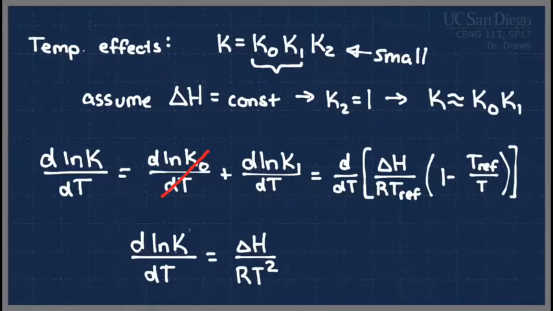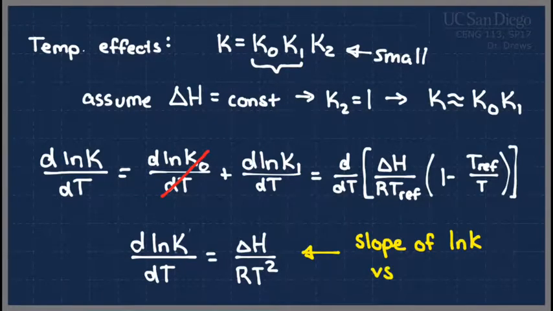What we're interested in is what's the effect of temperature. This is telling us what the effect of temperature is, because what this is describing is essentially the slope of K, or the slope of ln K, when you plot it versus temperature.